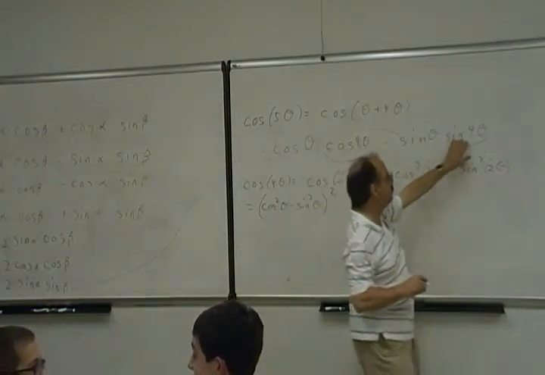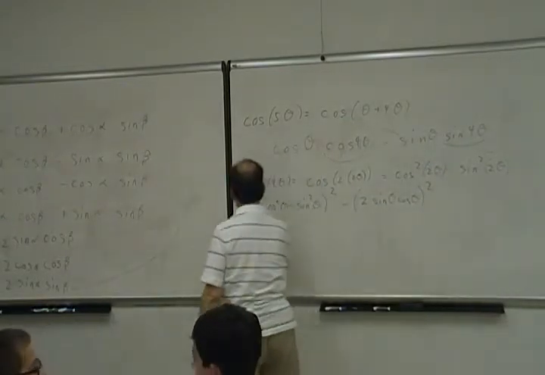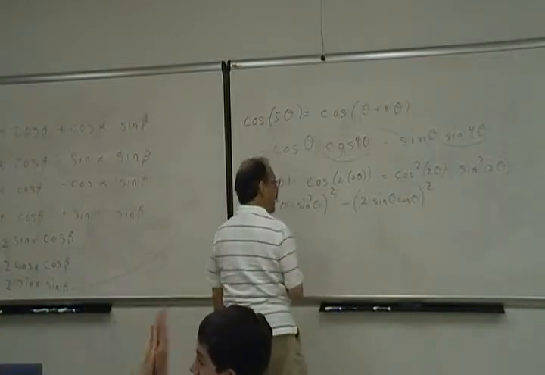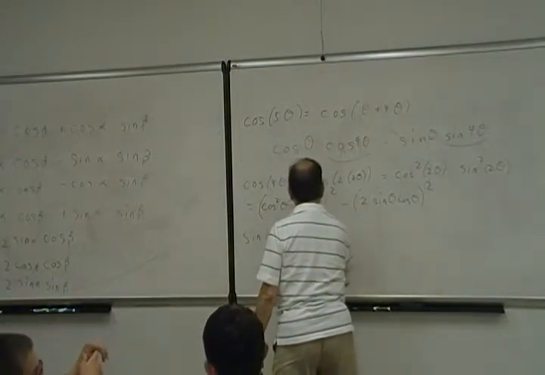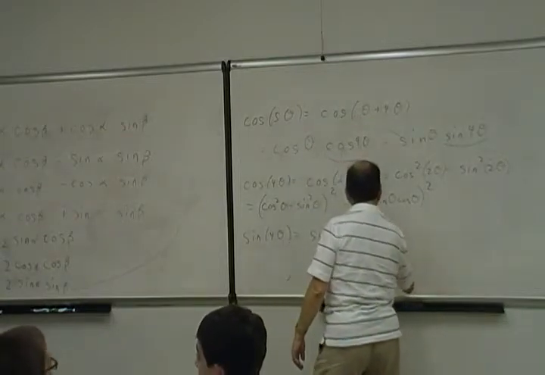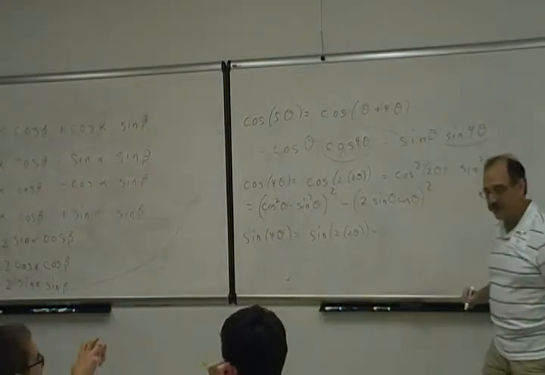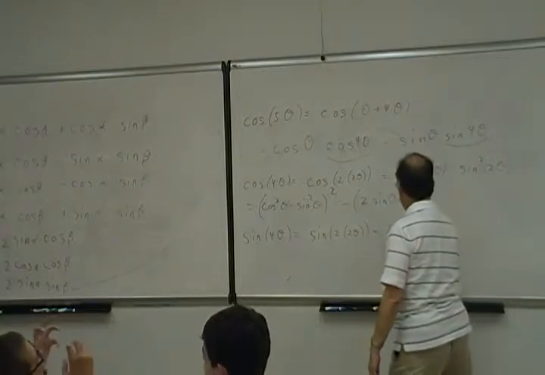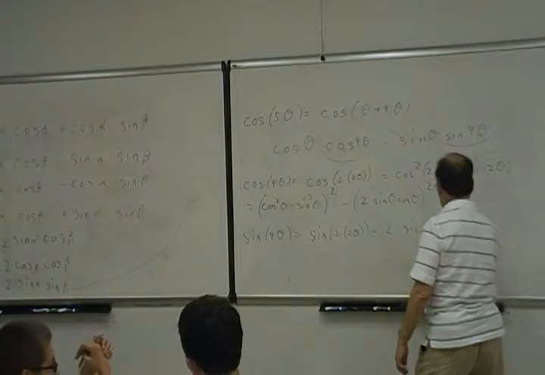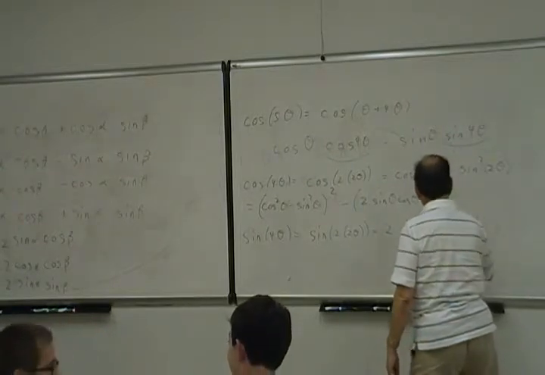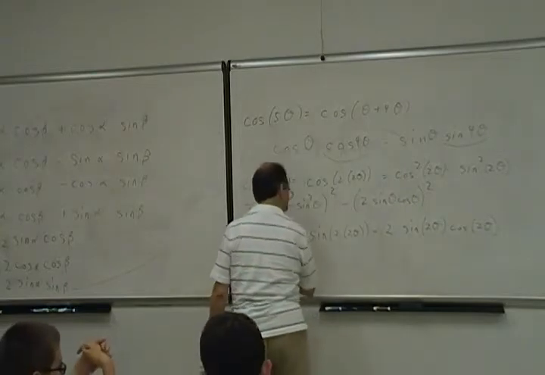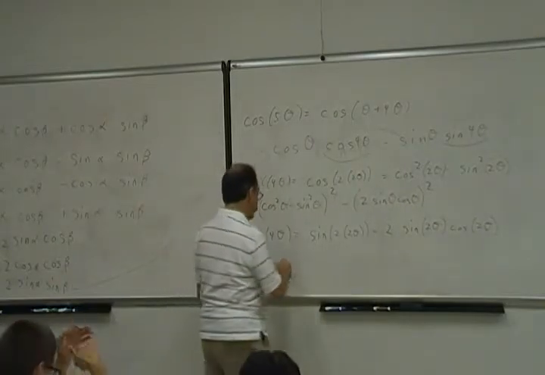Now I need sine of 4 theta. Sine of 4 theta is a double angle, so it is sine of 2 times 2 theta. The double angle formula for sine is 2 sine of an angle cosine of an angle. So the angle is 2 theta. And then I have the double angle formulas for them.